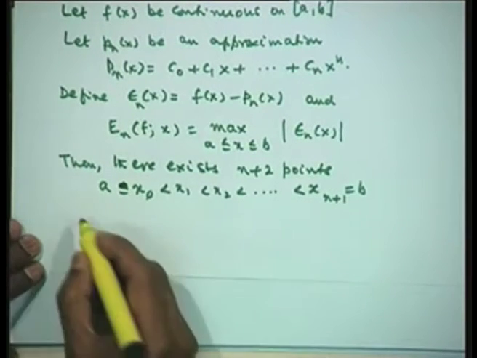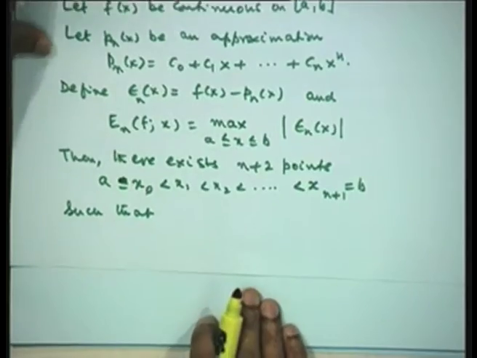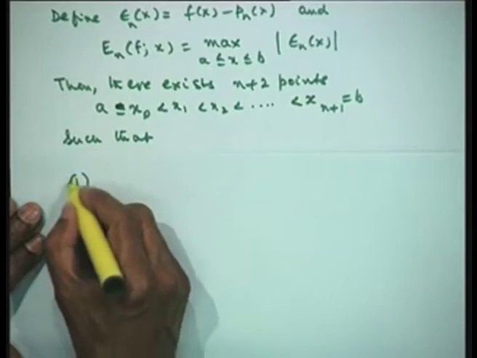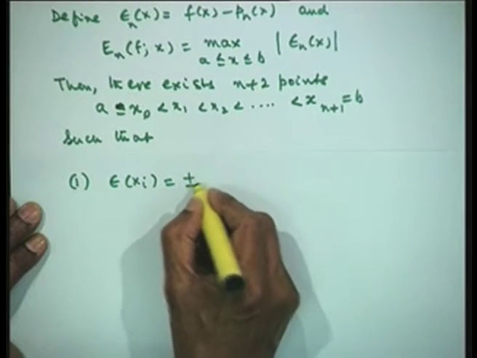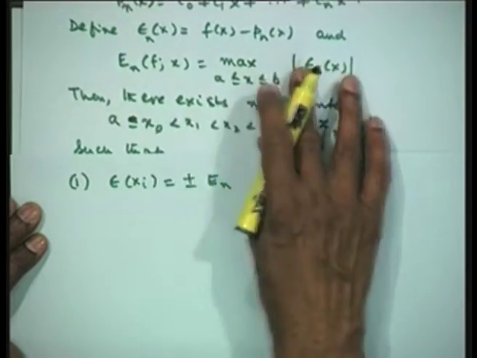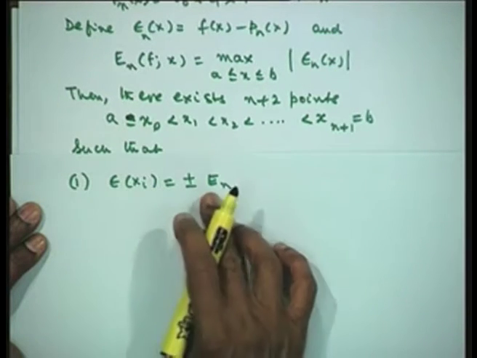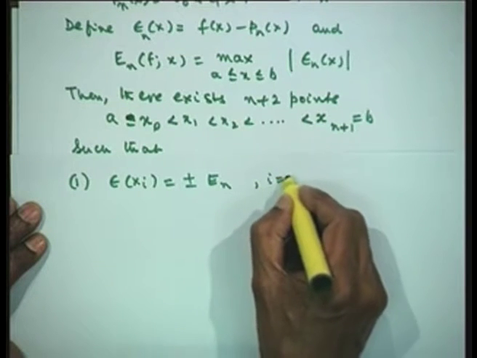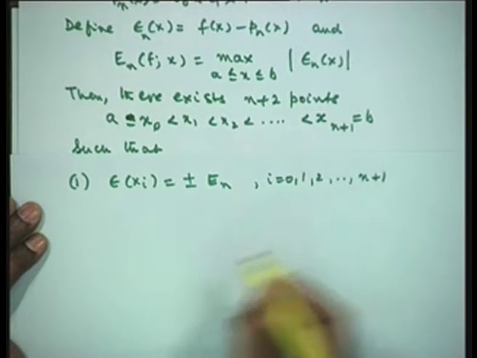Now, there exists n points such that error at x i is plus minus E n, where E n is the maximum magnitude of the error. Therefore, error at this will have either plus or minus sign of E n, and this is for i is equal to 0, 1 to n plus 1.